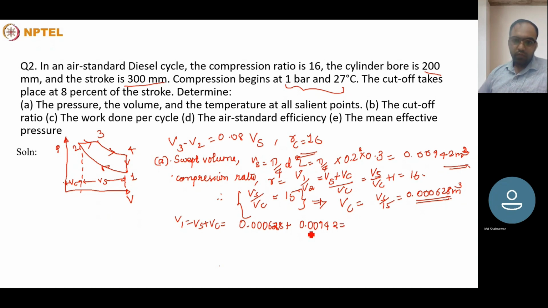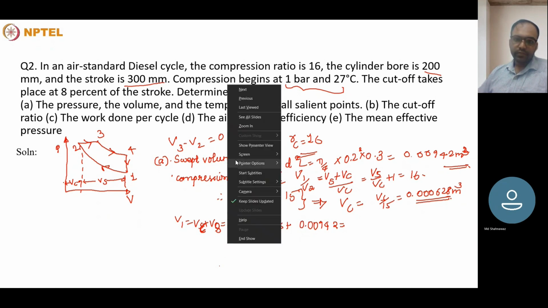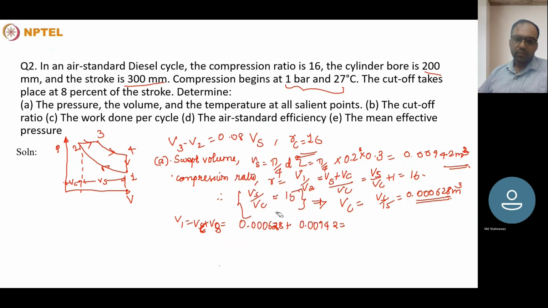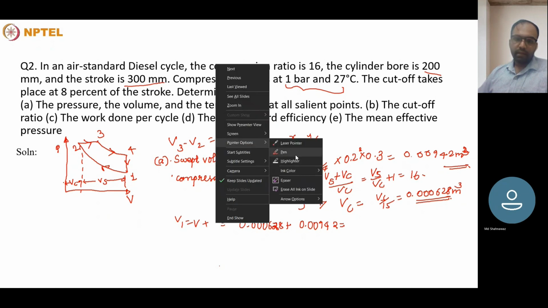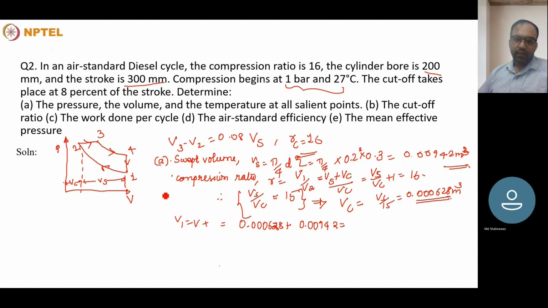That will be coming around 0.010048 meter cube.